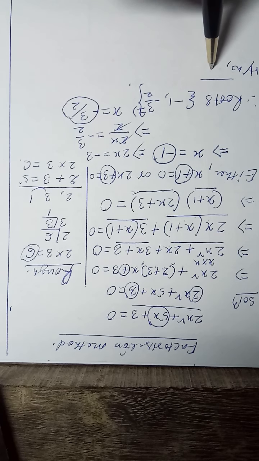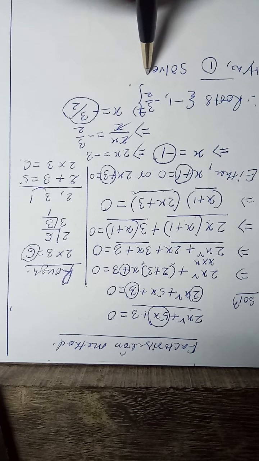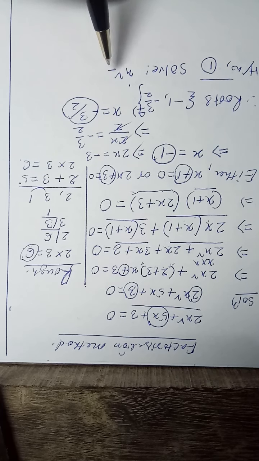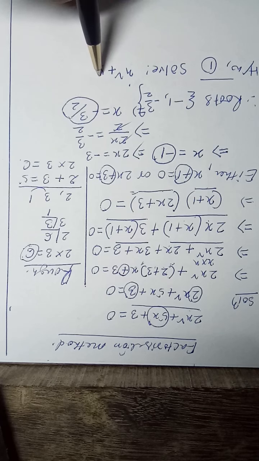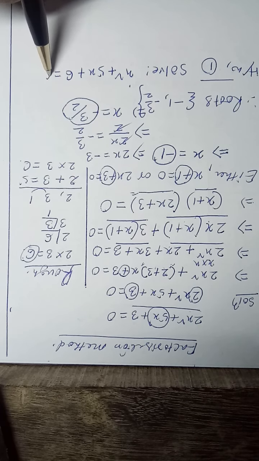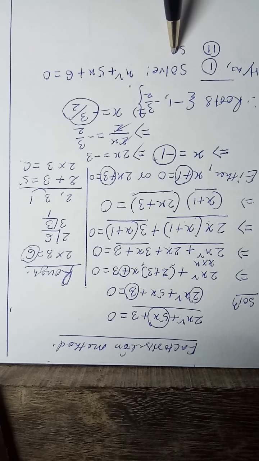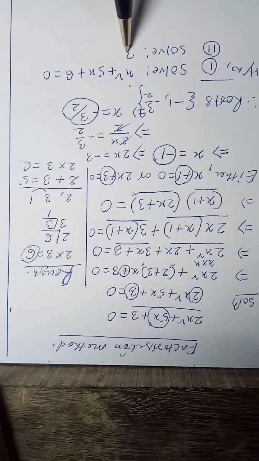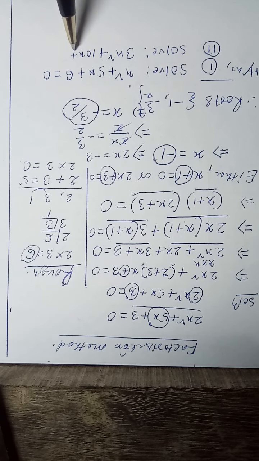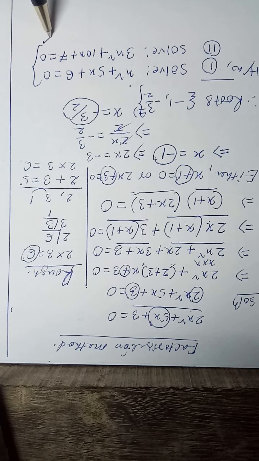Homework number 1, solve x² + 5x + 6 = 0, and number 2, solve 3x² + 10x + 7 = 0. These 2 homeworks are to be done by yourself at home.